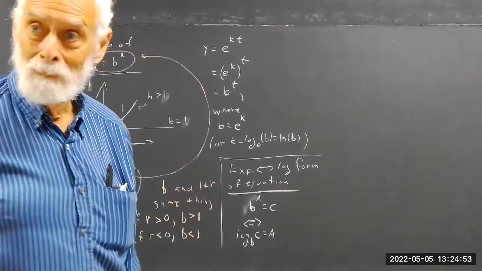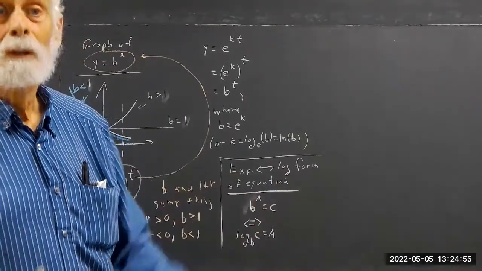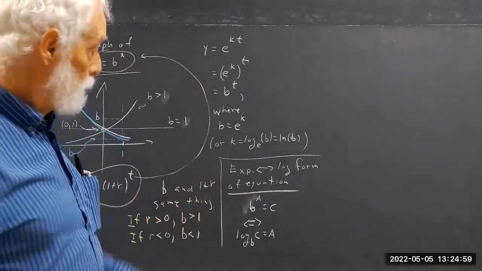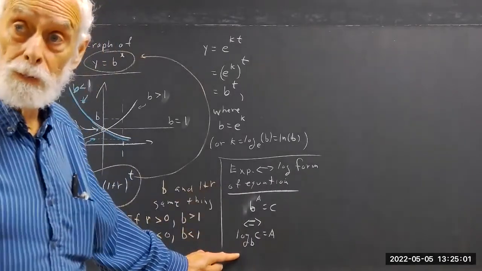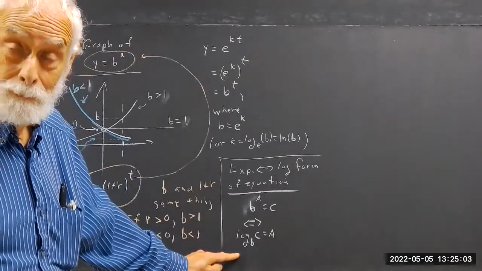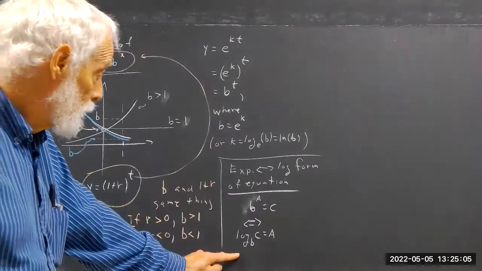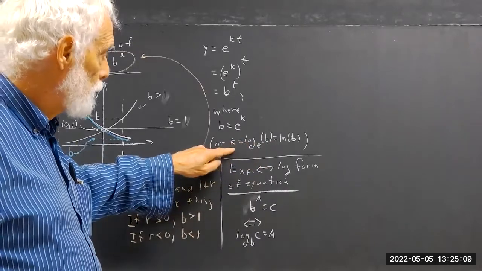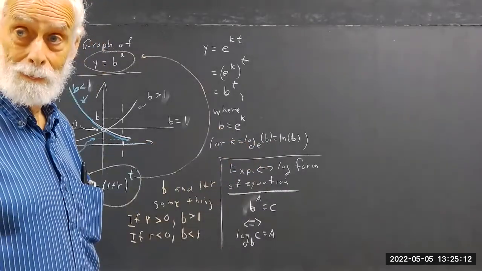That's inevitable. You do too many problems, but you got to get used to the idea, okay? But it's pretty easy to solve the equations you're going to run into, okay? So just using this, it's clear that this is equivalent to this.